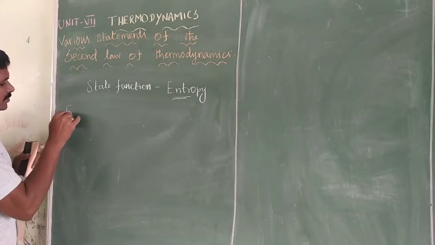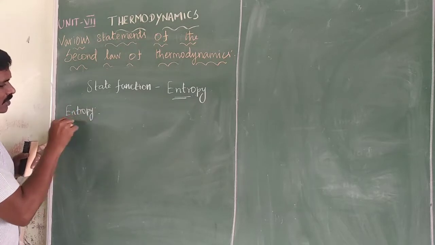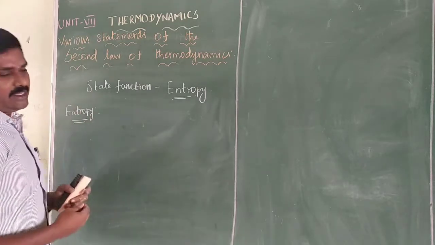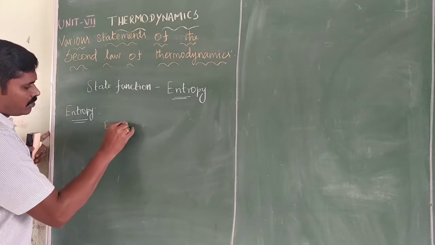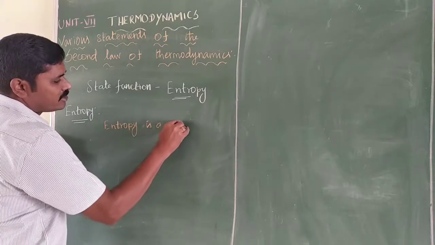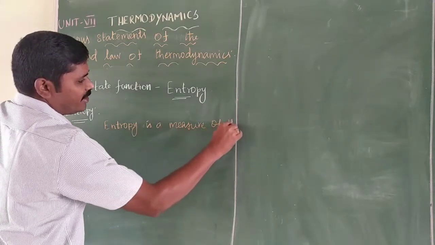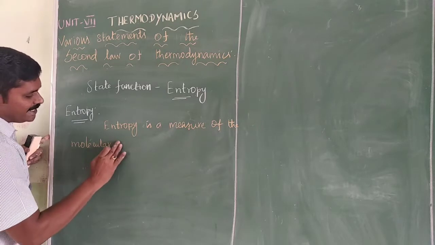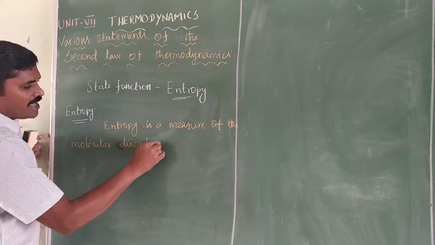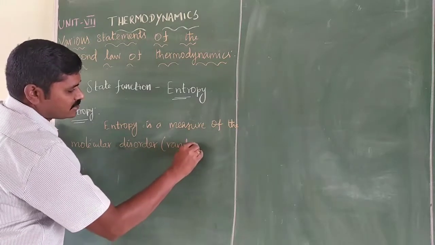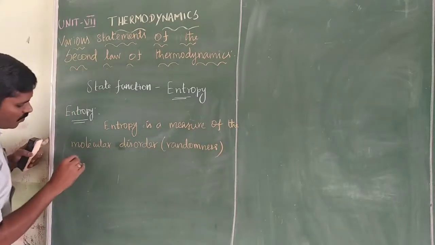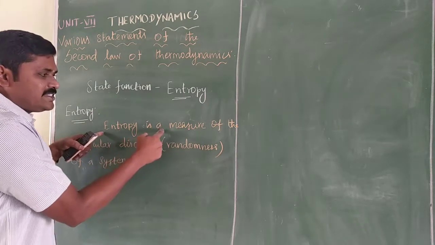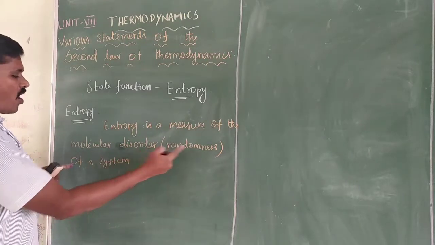Define entropy. Entropy is a measure of the molecular disorder or randomness of a system.